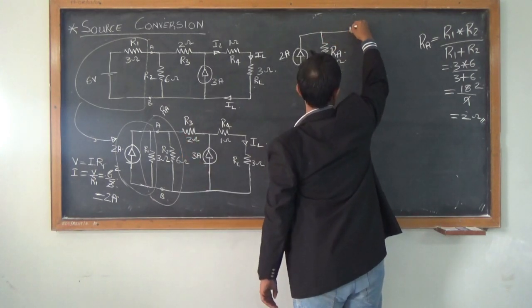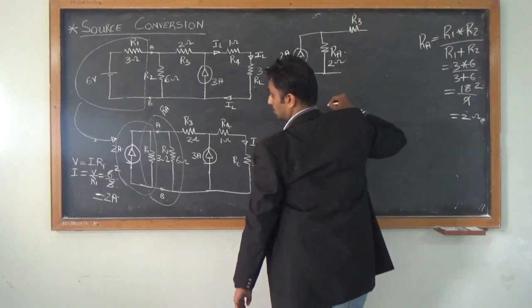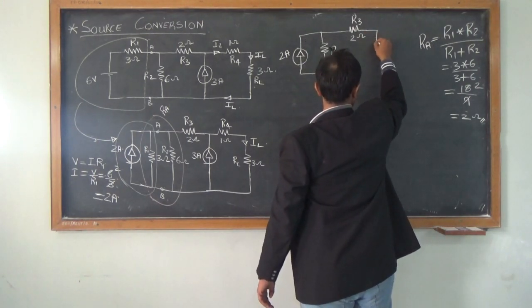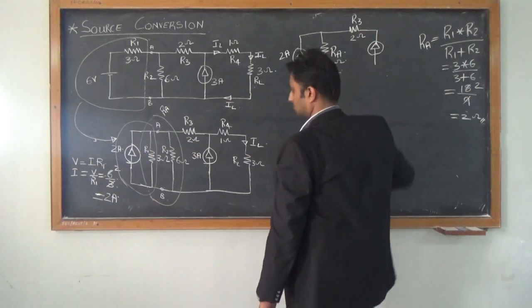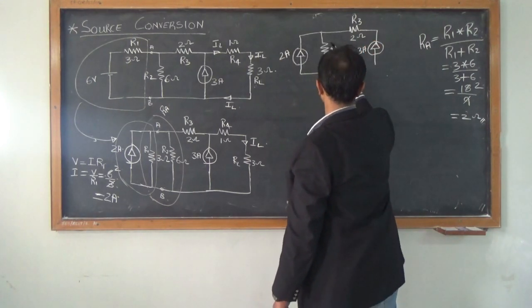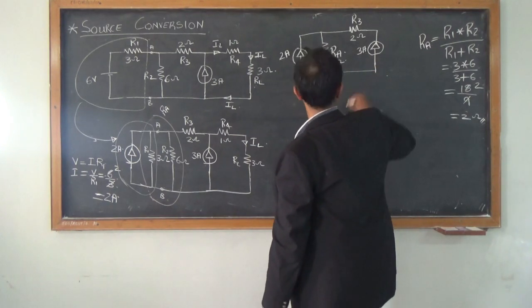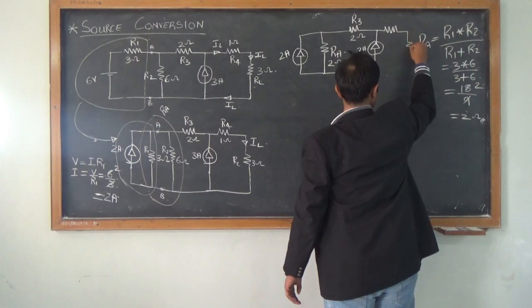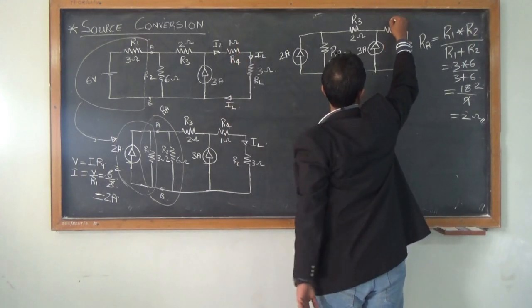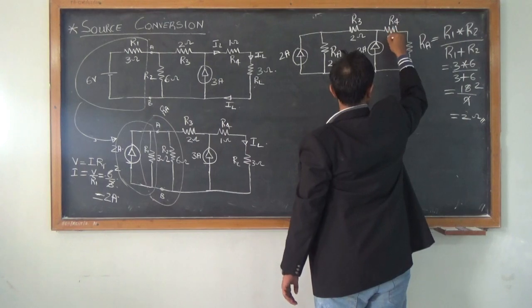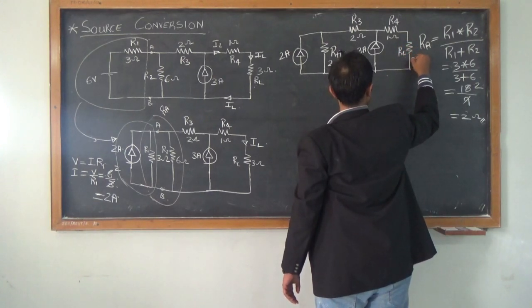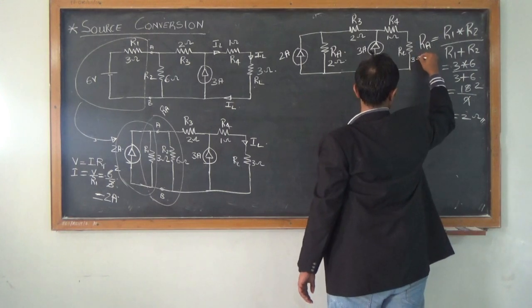So from R3, which is equal to 2 ohms, amps, and both my resistors of 1 ohm, and RL, which is equal to 3 ohms.